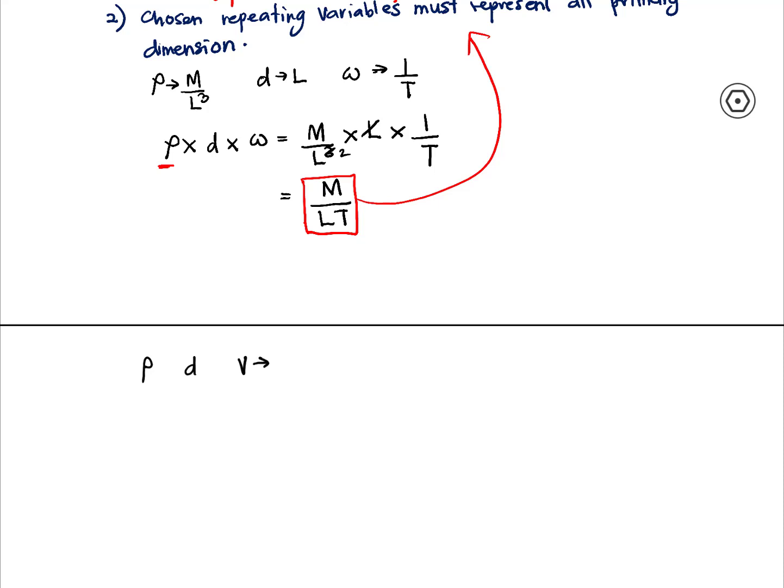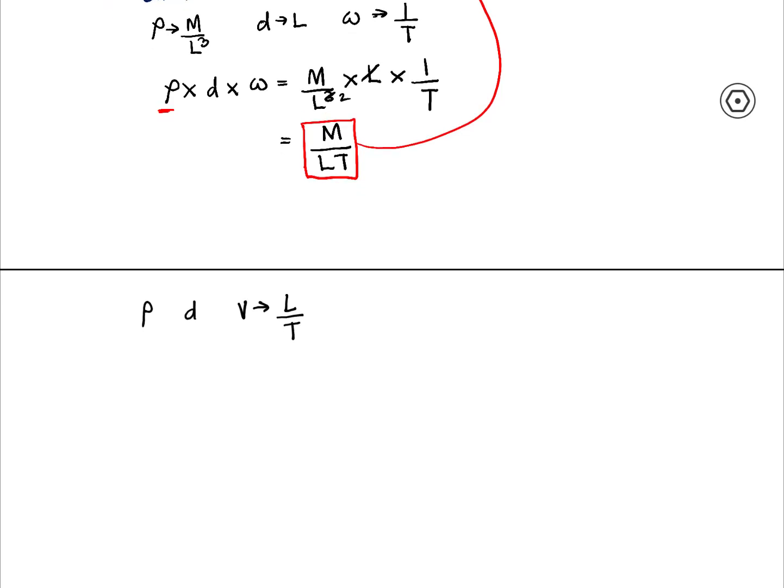The velocity unit, the primary dimension is L/t. So we multiply rho, d, and v. So rho is m/L to the power of 3 times L times L/t.